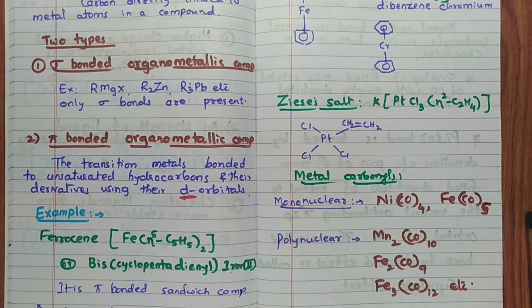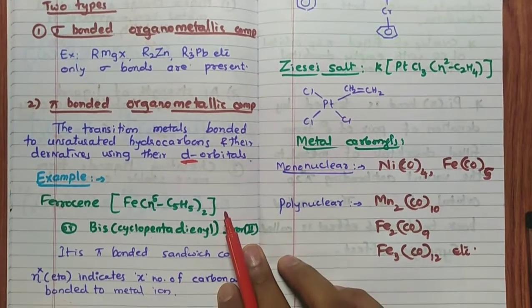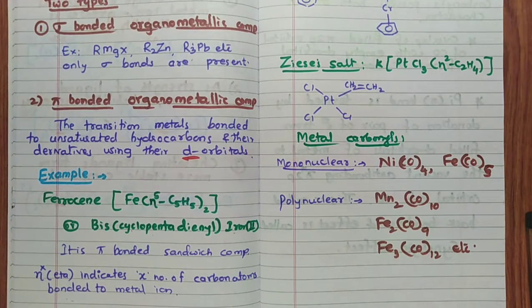Then what is the meaning of η to the power x if it is given? Remember, this type of complex is always a pi bonded sandwich compound. η to the power x indicates that x is the number of carbon atoms bonded to the metal ion.